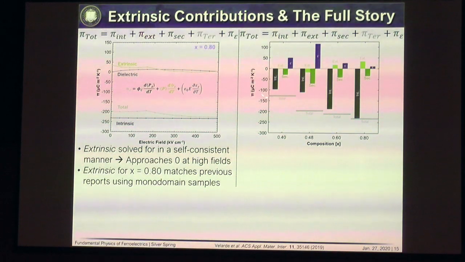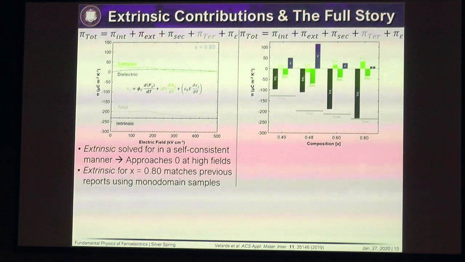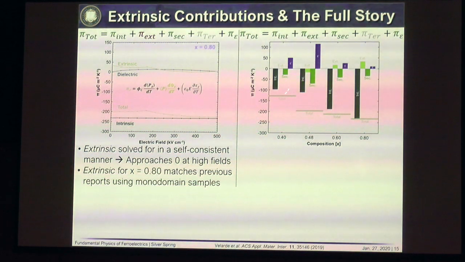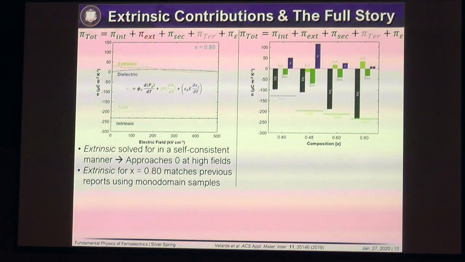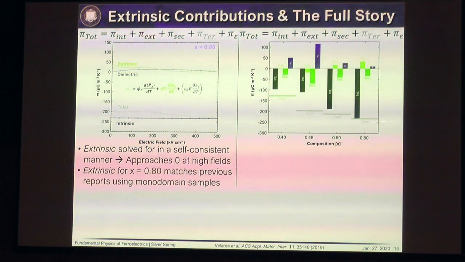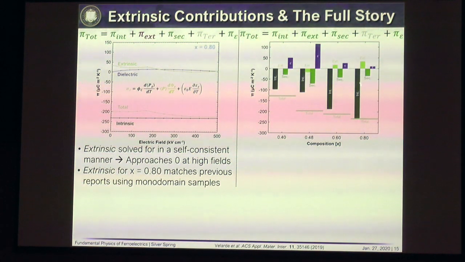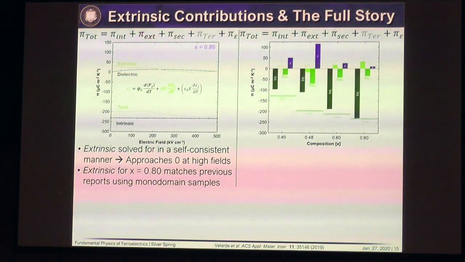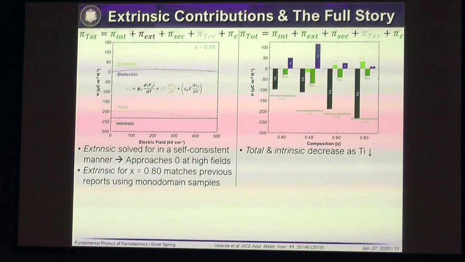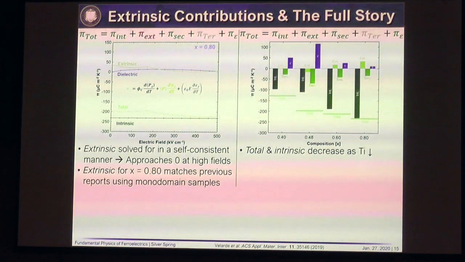So now we can look at the pyroelectric coefficient as a function of composition. This is going from titanium-rich to zirconium-rich in the system, and we've broken it out. So you see the total measurement here is this line, but then we have the intrinsic, extrinsic, secondary, and dielectric responses broken out for each one of these compositions. The total and intrinsic responses decrease as the titanium content goes down in the systems.